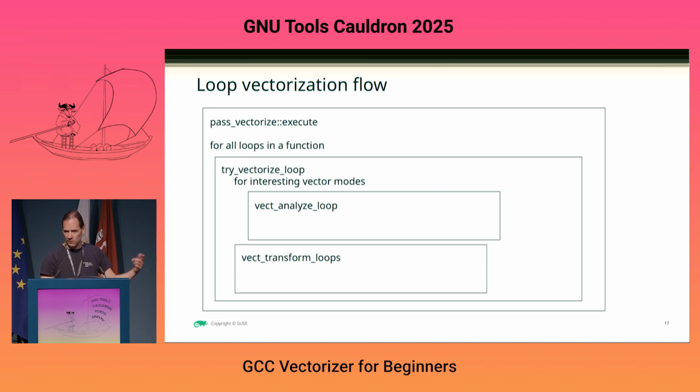I will go into more detail on what that does. Basically, it decides whether it can vectorize, and in the end it decides which mode to use. The target does that. Then it transforms the loop, and then it goes to the next loop in the function. Quite easy.